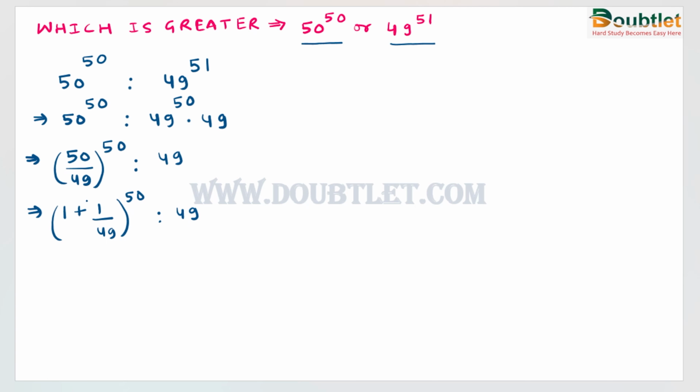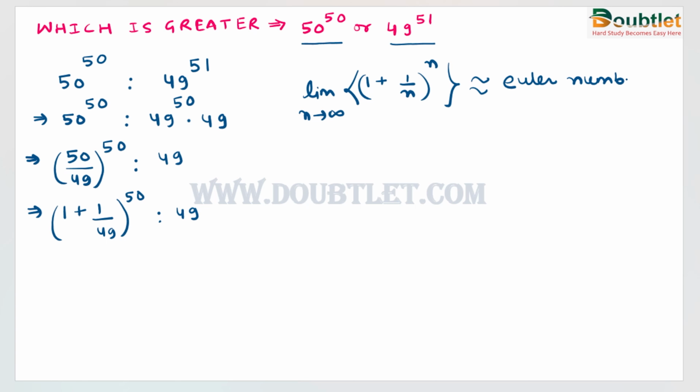Now here we are seeing an expression that we have learned in the limit chapter: (1 plus 1 divided by n) to the power n. If n tends to infinity, then this value is equal to the Euler number, which is represented by e.